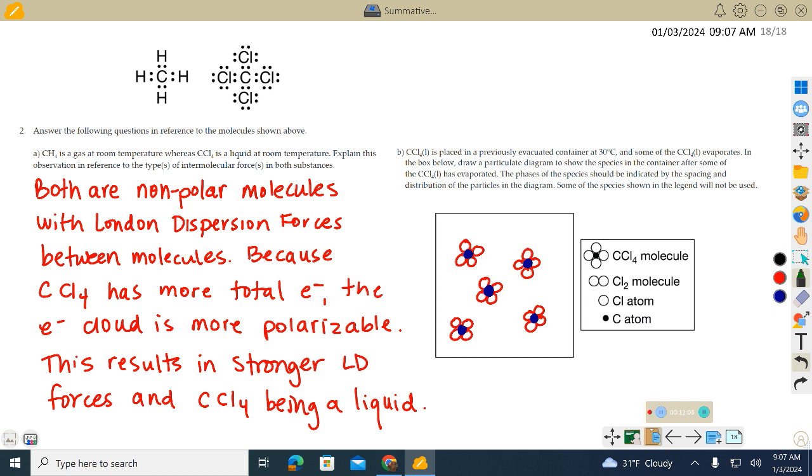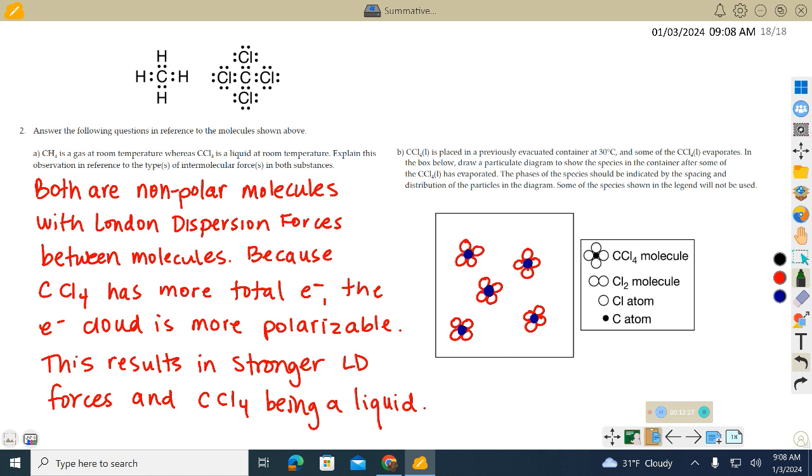In the box below, draw a particle diagram to show the species in the container after some of the liquid has evaporated. The phases of the species should be indicated by the spacing and distribution of the particles in the diagram. All you had to do was draw that same carbon tetrachloride molecule, but show them in the gas phase.